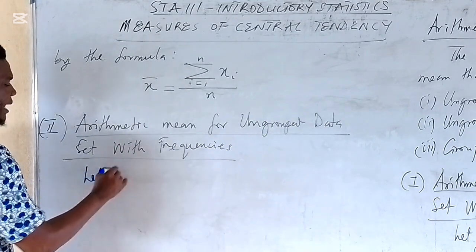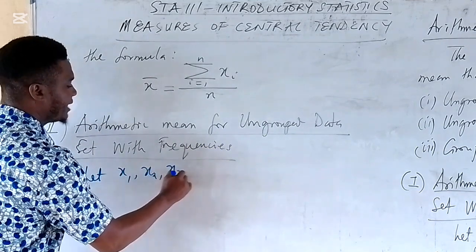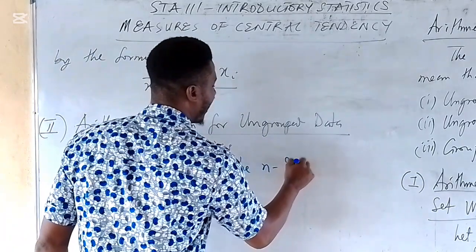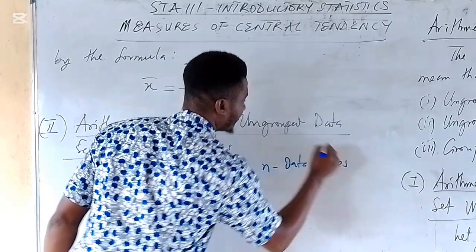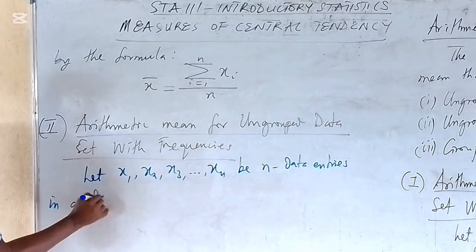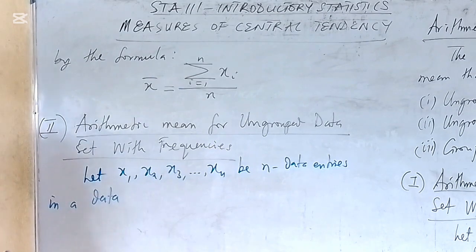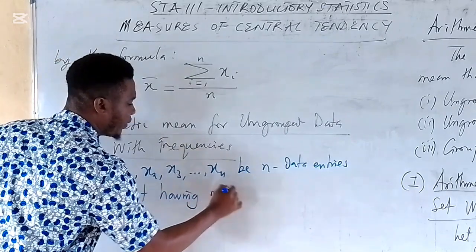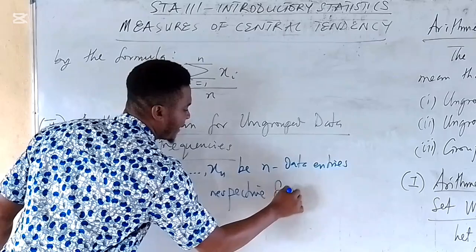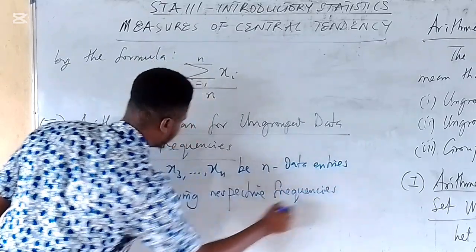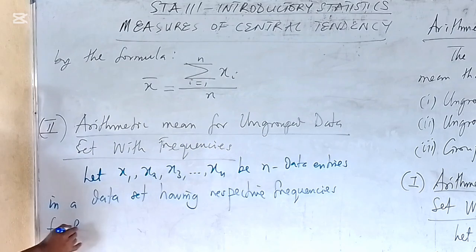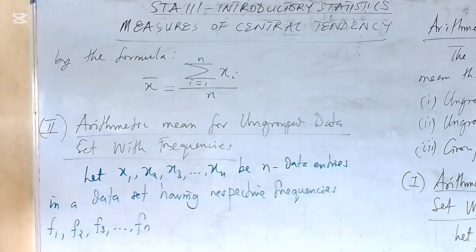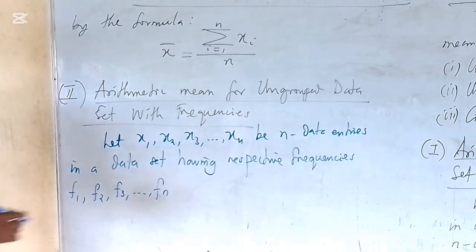We will say let x1, x2, x3 up to Xn be n data entries in a data set, having respective frequencies F1, F2, F3 up to Fn.